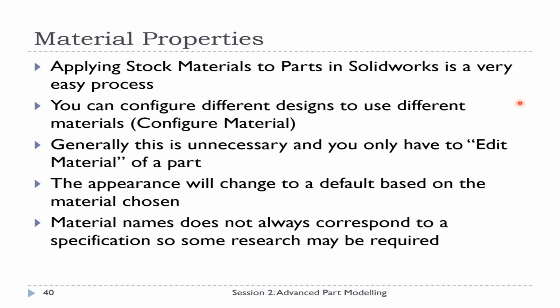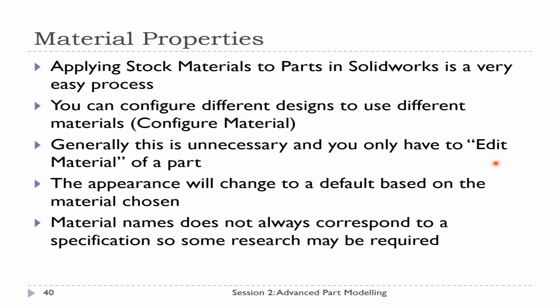So let's talk about the material properties in SolidWorks and how we can apply a material to our SolidWorks part models. Effectively, we can apply stock materials to parts in SolidWorks very easily. All we need to do is configure the material option on the FeatureManager design tree.